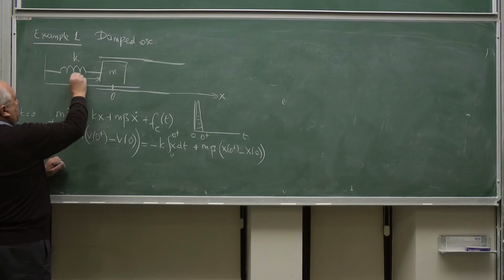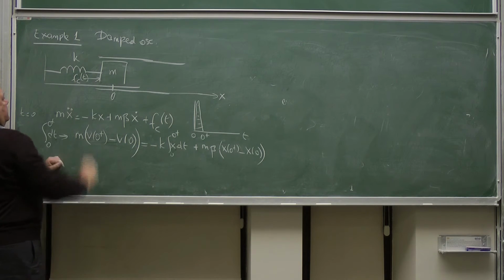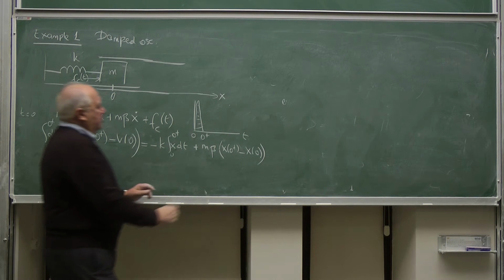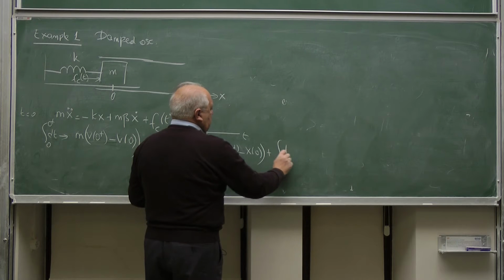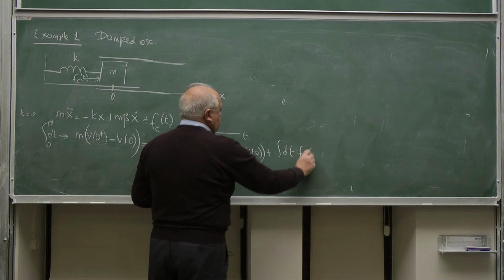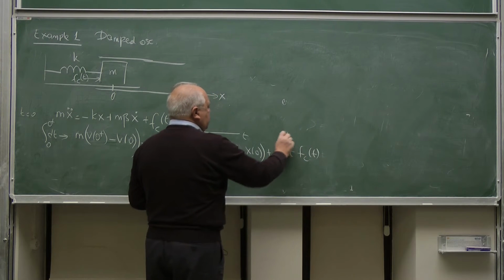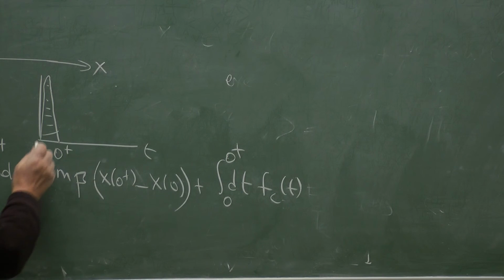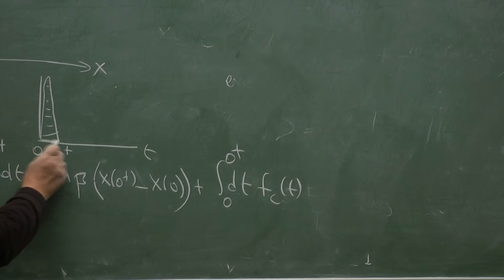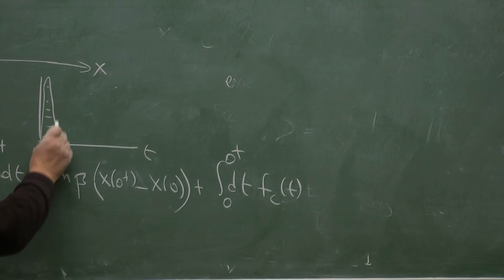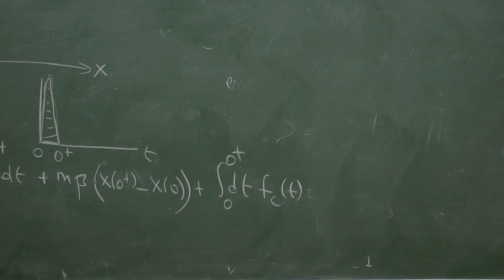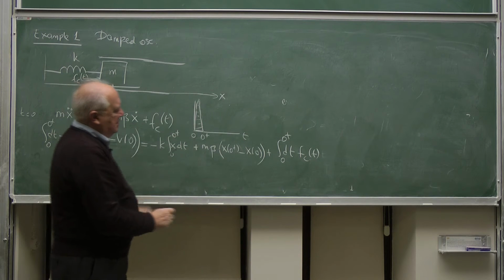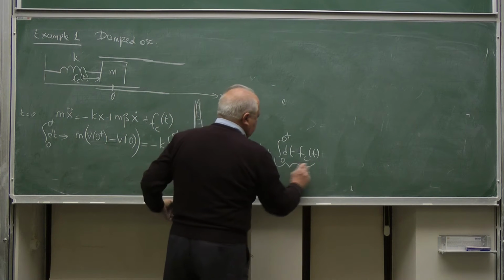Here we have applied an impulsive force. And then plus the integral dt of F(t) from 0 to 0 plus. That means this is an impulse. Although it is applied for a very short time, it's a collision force, impact force, it has a large magnitude, and it has a finite integral, and this we shall call j.